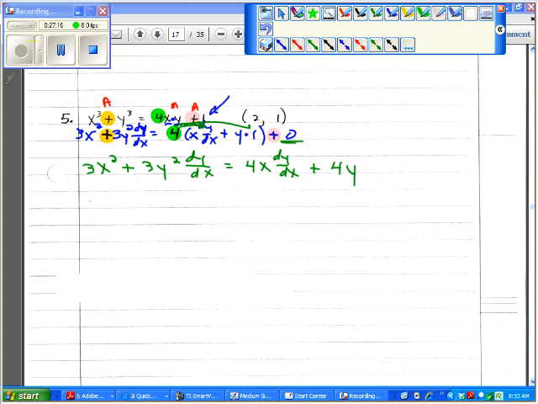And then the 0 goes up. Okay, again, we want to take all of the terms that have a dy/dx on and move them to the left, and all the terms that do not have a dy/dx and move them to the right.